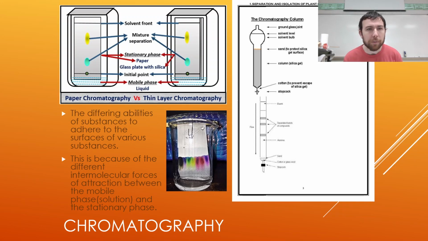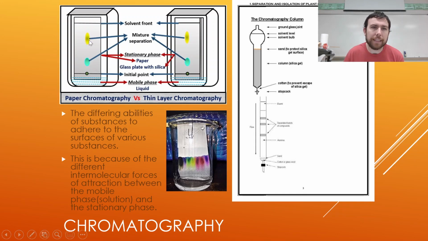And so paper chromatography does things based off of solubility, right? And we can quickly measure the intermolecular forces of attraction to explain why a specific thing that was separated moved a certain distance, right? And so what you can do is take a look from the origin to the things that have been separated.